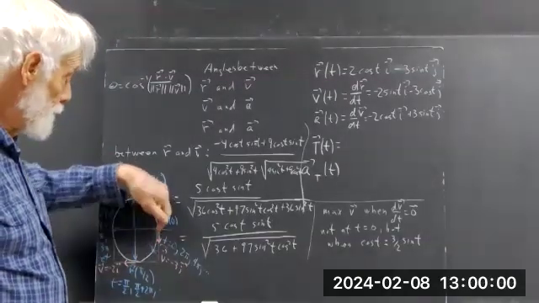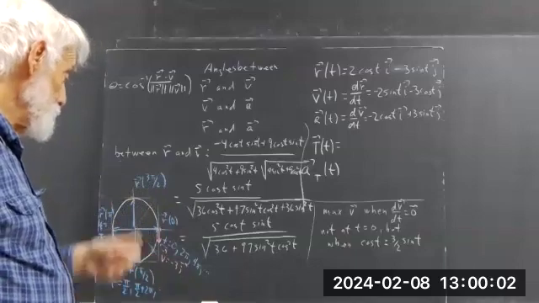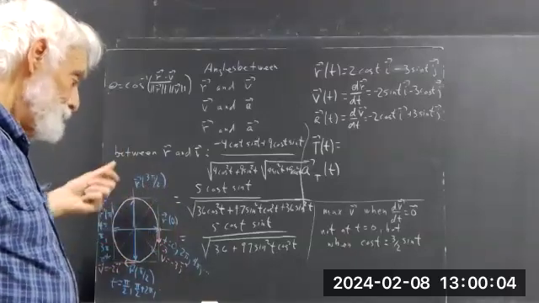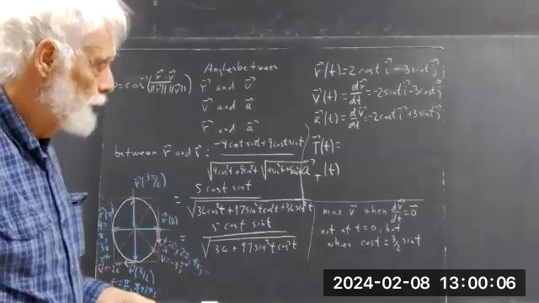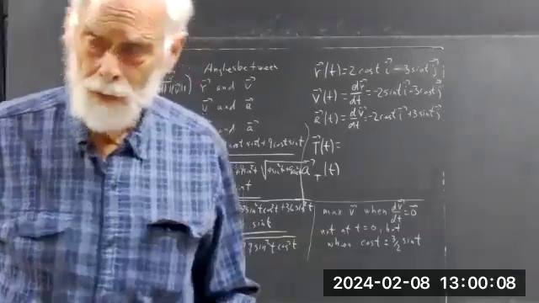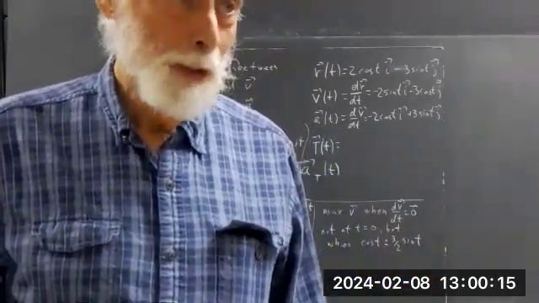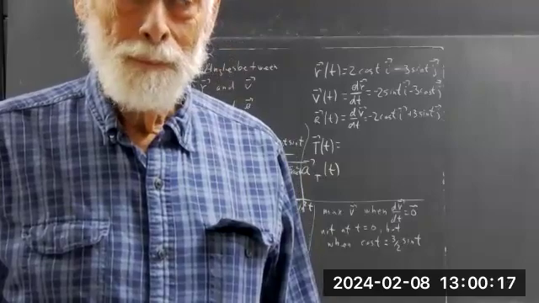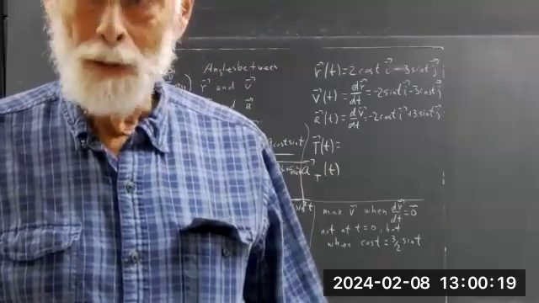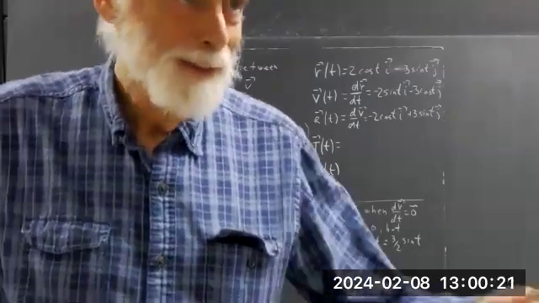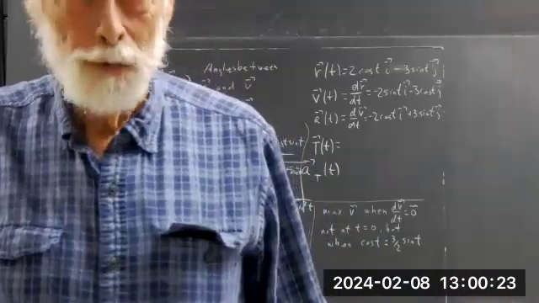Then this component starts decreasing and that one increases, giving zero velocity. So that's just an illustration of what you can think about if you actually think about these things instead of just answering questions. And if you think about it, then you can answer a wider range of questions and you understand it more deeply.